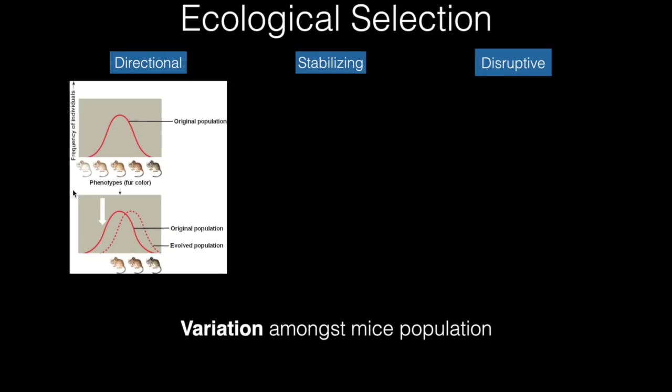I have a whole separate video on natural means and how certain natural factors influence populations. But in this video, all you need to know is that nature favors mice that are not white. In this new evolved population, shown by the dotted bell-shaped curve, there are no more white mice. So you are eliminating one end of the spectrum. Only one, though, not two.